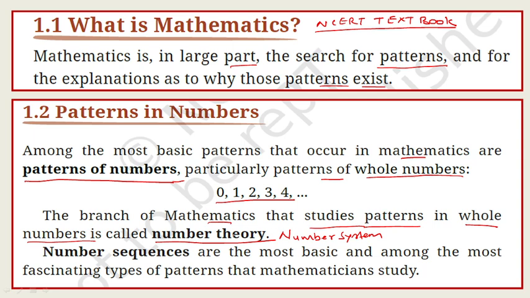Number sequences are the most basic and among the most fascinating types of patterns that mathematicians study. In a sequence, after each number a different number comes, and there is a particular rule by which the next number comes. That is called a number sequence.